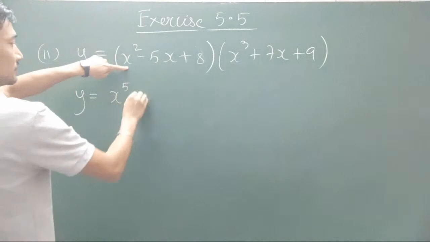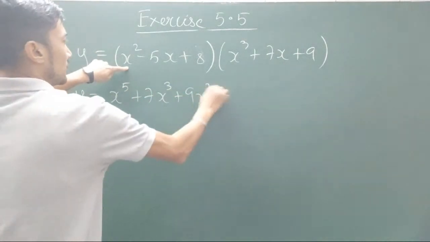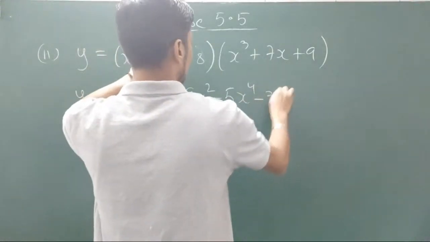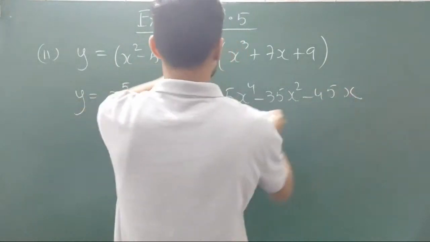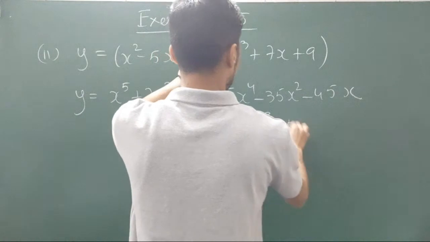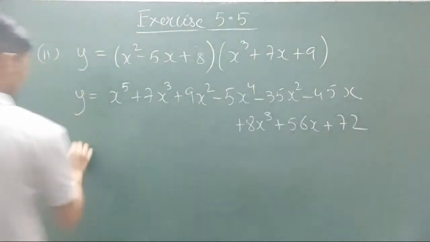x power 5, 7x cube, 9x squared, minus 5x power 4, minus 35x squared, minus 45x, plus 8x cube, plus 56x, plus 72.